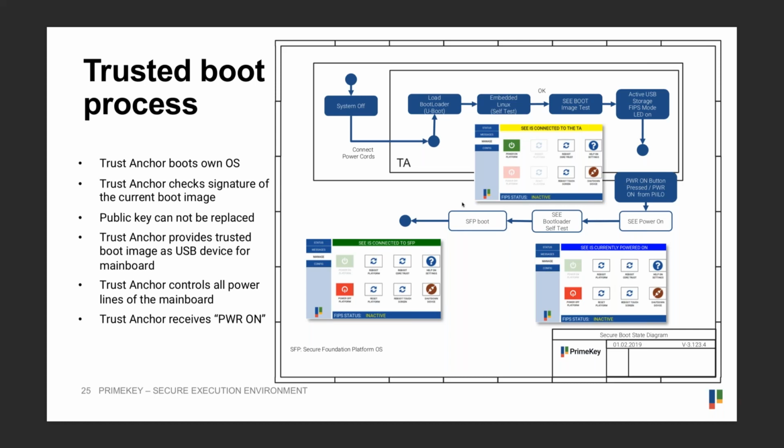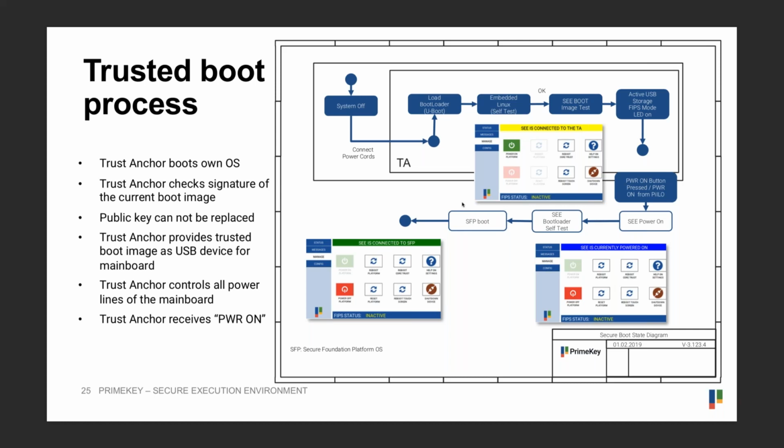Once this self-test is passed and it's valid and okay, then the boot images for the main board, the operating system, or Linux, the secure foundation platform from PrimeKey, and the virtual machines from the customer are tested and validated.